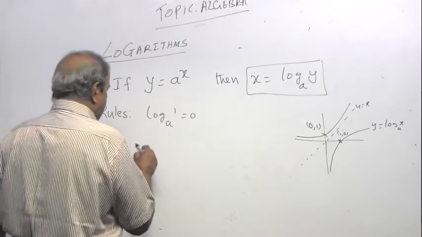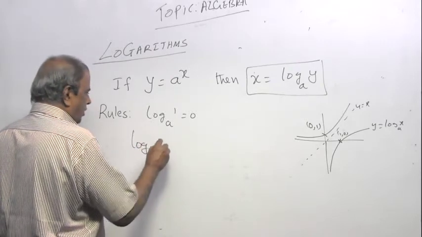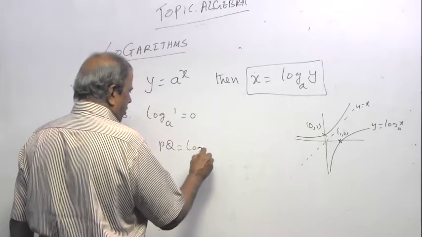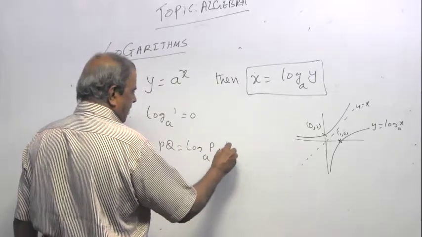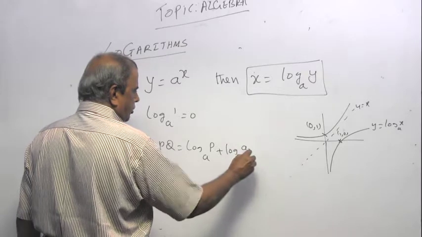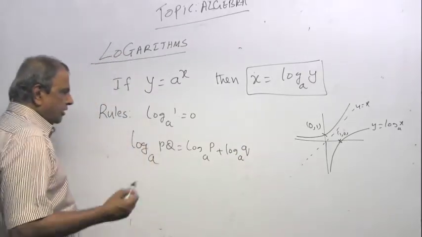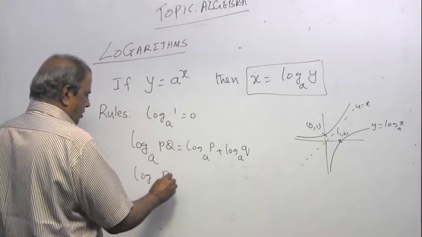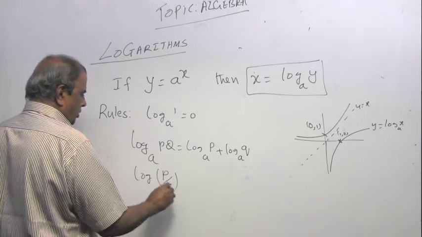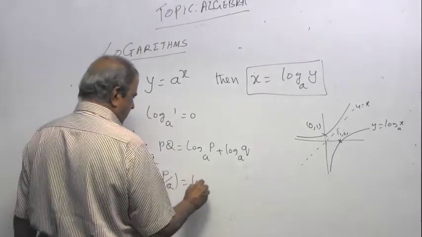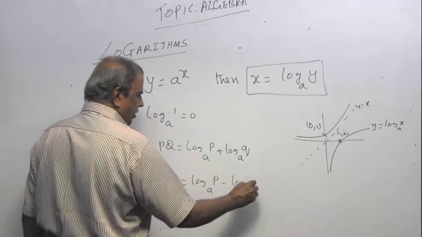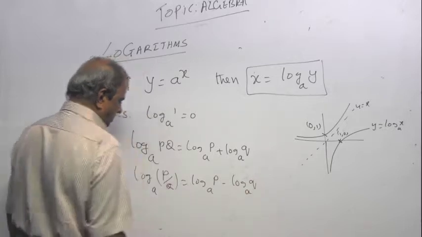If the number is more than 1, log will be positive. Remember that? And the second one was log of PQ to base a is log P to base a plus log Q to base a. I'll prove some of these results to show you. Similarly, log of P over Q to base a is log P to base a minus log Q to base a.